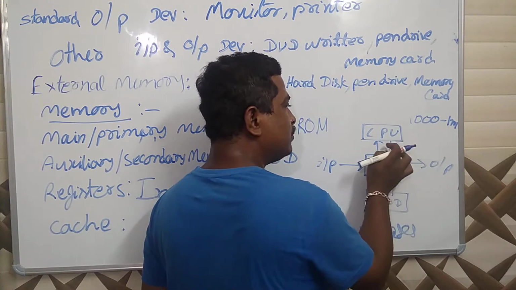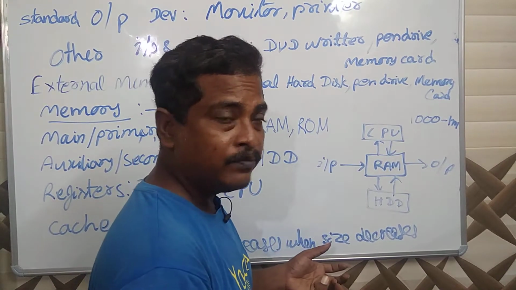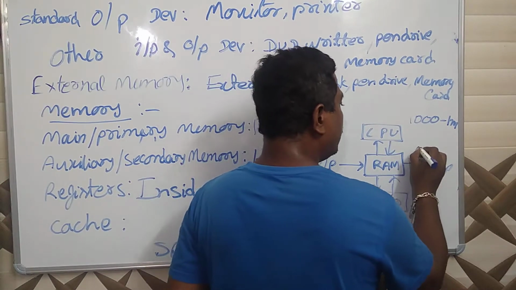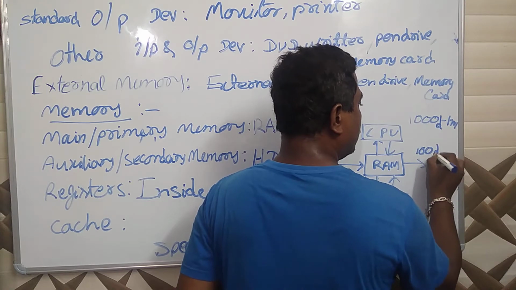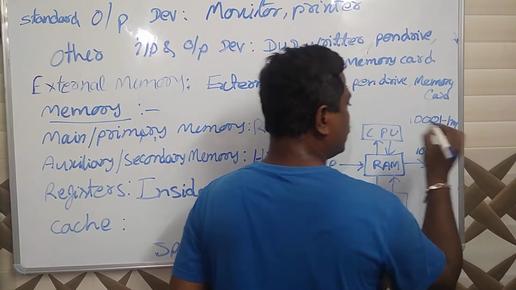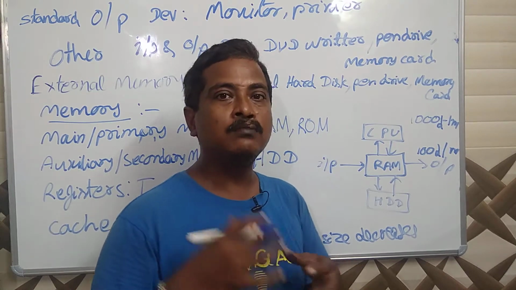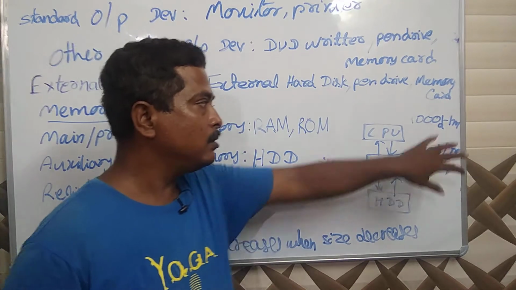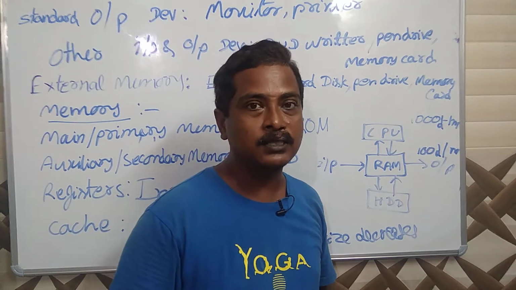That is the capacity of CPU registers. Now what is the RAM capacity? It will be 100 data per minute. I am not writing the exact numbers, I am just explaining to make you understand. It is not exactly 1000, it is not exactly 100, it depends upon the manufacturers and their speed.